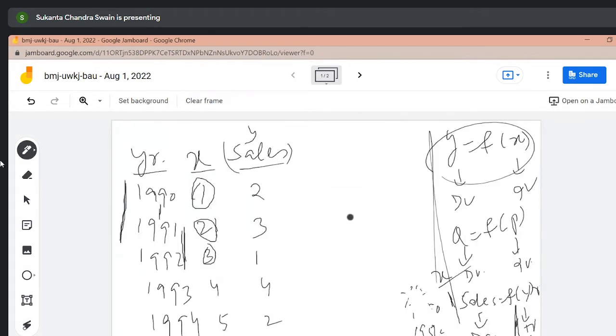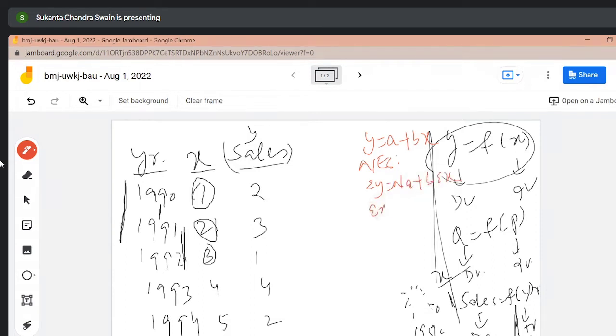Then we know that our regression equation is y is equal to a plus bx. We have done it previously in a demand forecast. Then normal equations are sigma y is equal to na plus b sigma x.